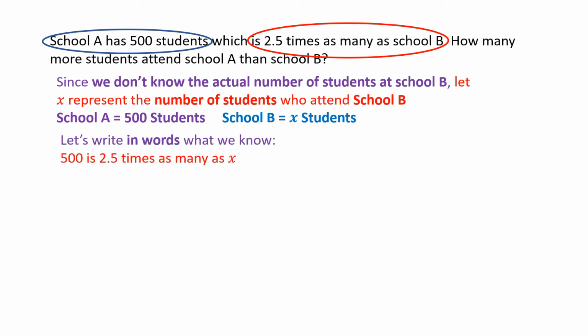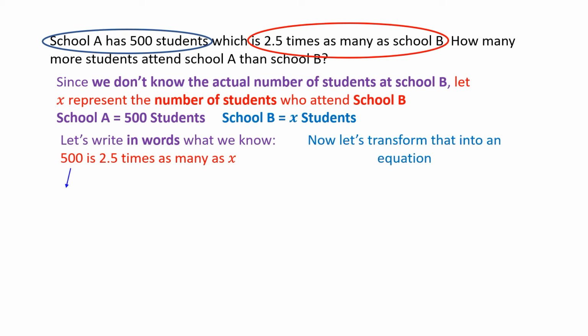So let's write what we know in words. 500 is 2.5 times as many as X, right? The number of students at School A is 2.5 times as many as the number at School B. X is the number at School B, and 500 is the number at School A. So what we're going to do is turn this into an equation.